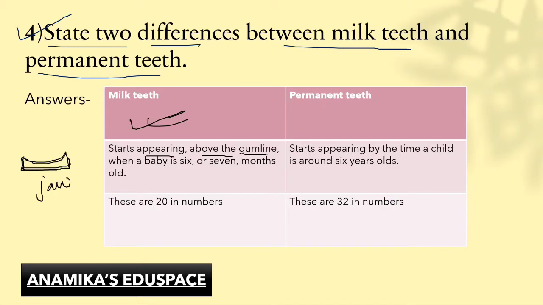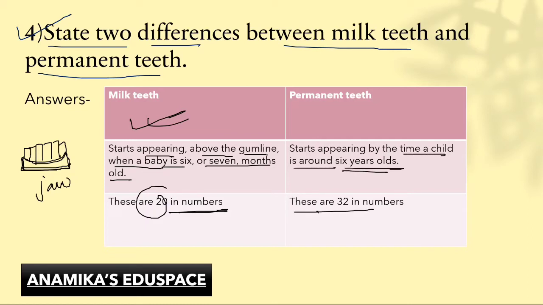This is known as the gum line where your teeth are embedded. Clear? So when a baby is 6 or 7 months old, milk teeth appear, and these are 20 in number. Permanent teeth appear by the time a child is around 6 years old, and these are 32 in number. So this is 6 months old and this is 6 years old.